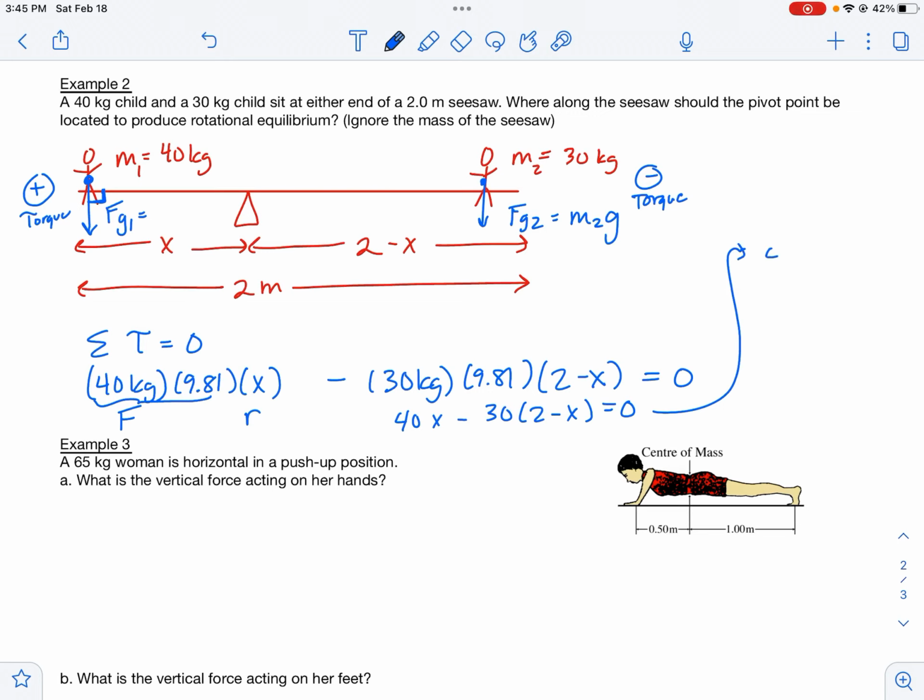So I can say 40x equals 60 minus 30x. I move that to the other side, add 30x to both sides. I get 70x equals 60. So x equals 6/7, x is 0.857 meters. So this distance is 0.857 meters.